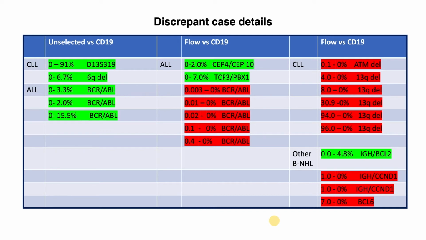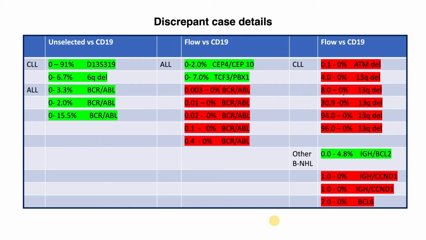Thus, this warrants use of other methods such as RT-PCR in detecting the BCR-ABL positivity. Similarly, in 2 other B-NHL cases, you can see there is a flow positivity but FISH negative. Both are IgH/cyclin D1 positive cases which fail to detect the abnormalities. So again, the low positivity is a problem in identifying by the CD19 in some categories.